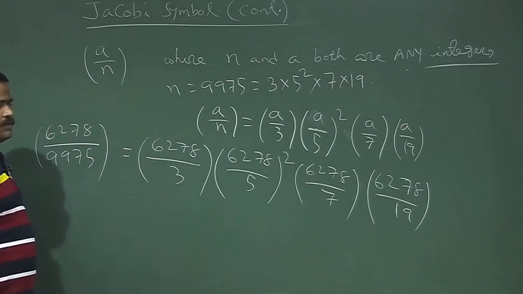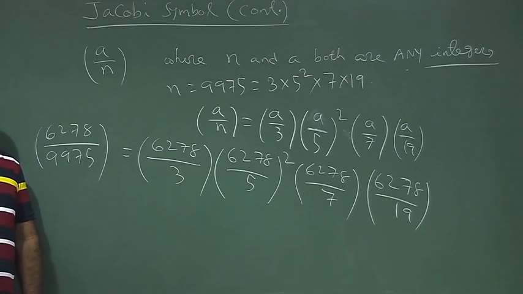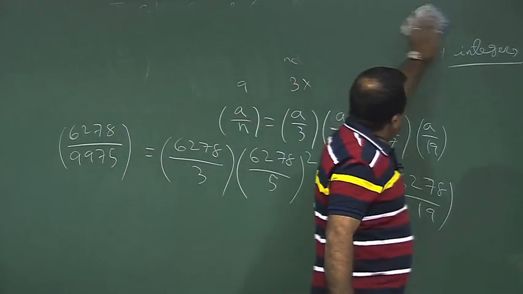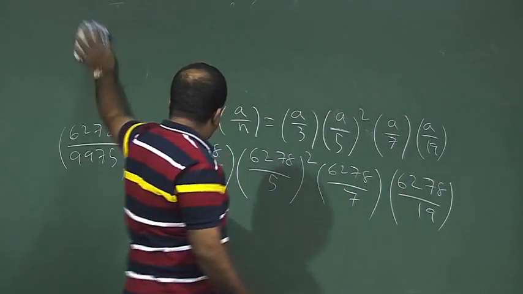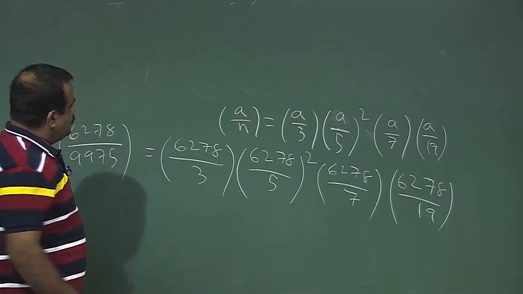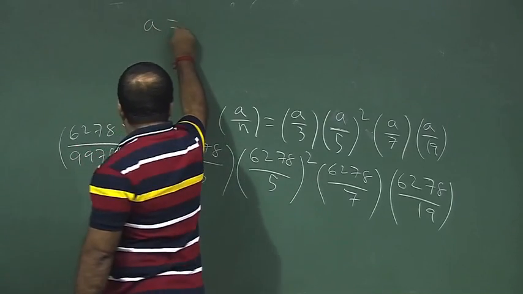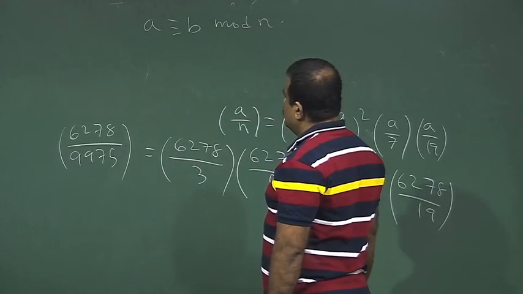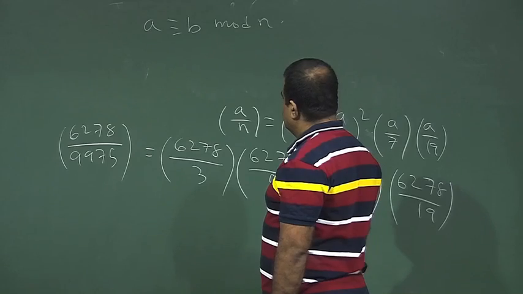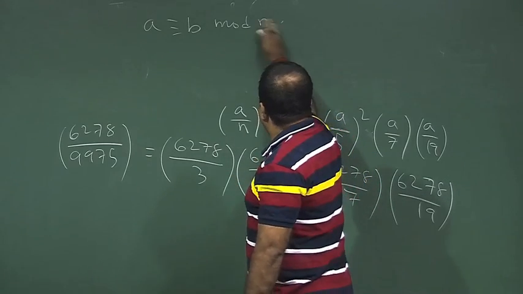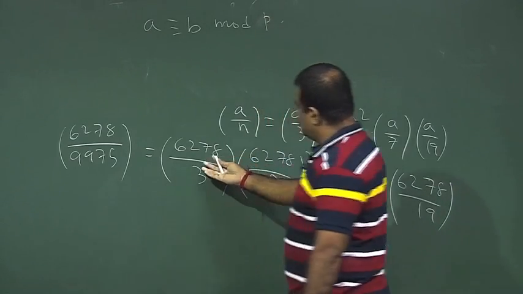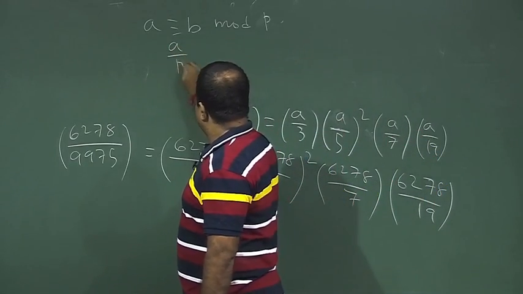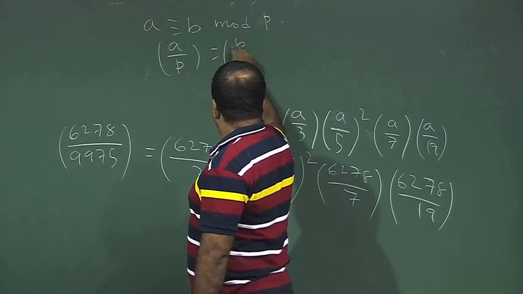Now we have to use some properties of the Jacobi symbol that we saw in the last lecture. If a is congruent to b mod p, where p is prime so these are Legendre symbols, then a by p is equal to b by p.